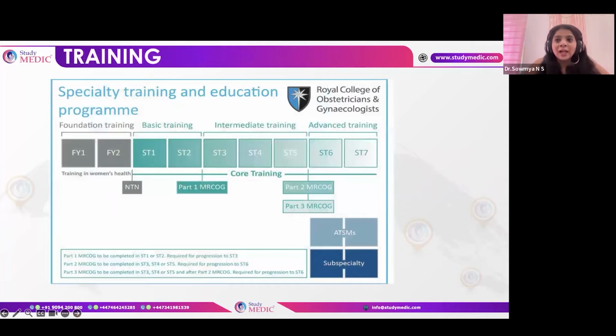So let's start with clinical governance, starting from the training, because this is a very important basic which everybody has to understand. As you know, in the UK, the training system starts from foundation year 1 to ST7. If you have to move from ST2 to ST3, you must have cleared your Part 1 MRCOG.